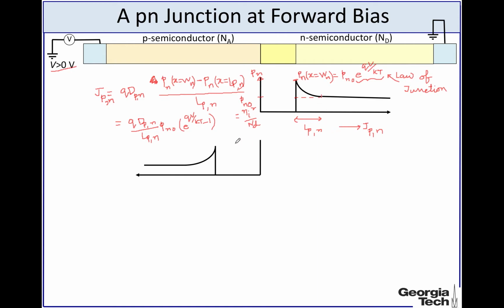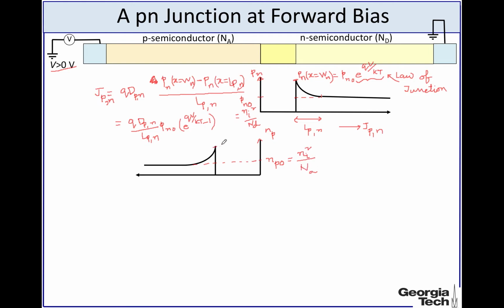Alright, so now similarly for the n side, we are plotting here Np. Np means electron concentration on the p side, and the equilibrium concentration of electrons is Np0, which is equal to Ni square over Na.